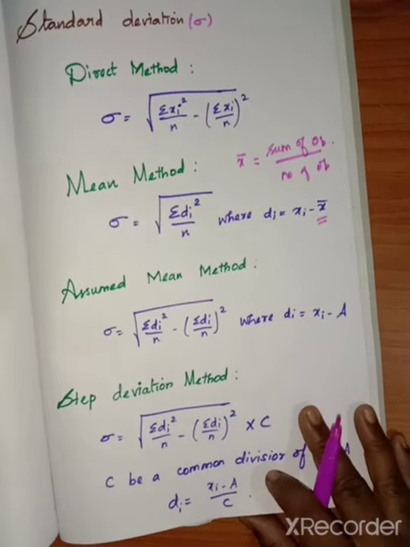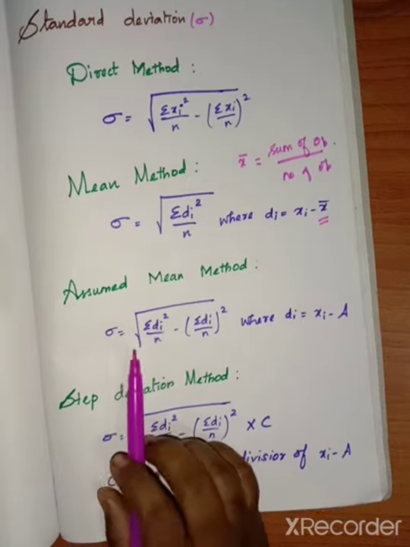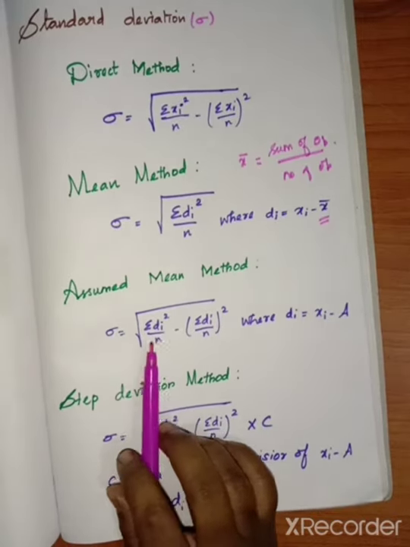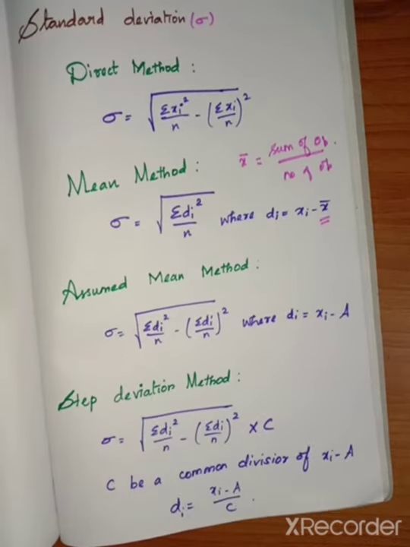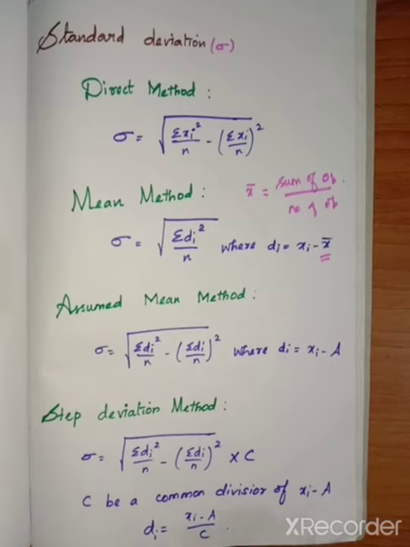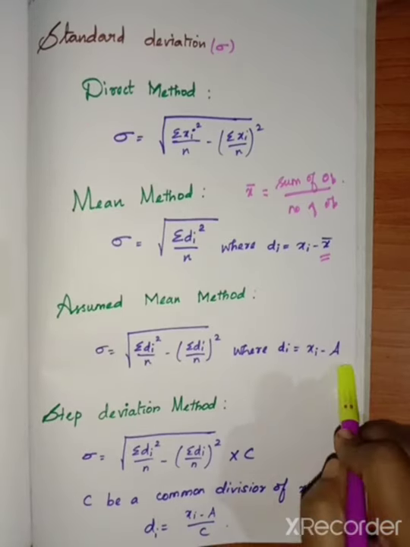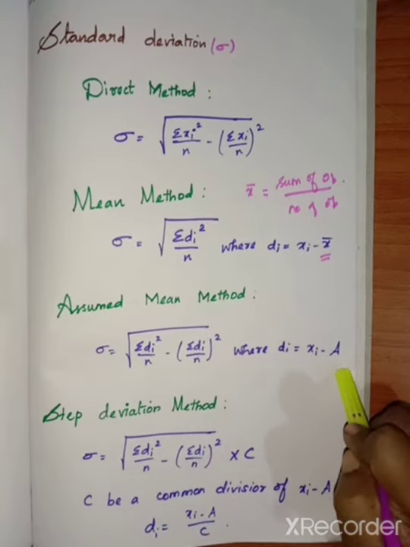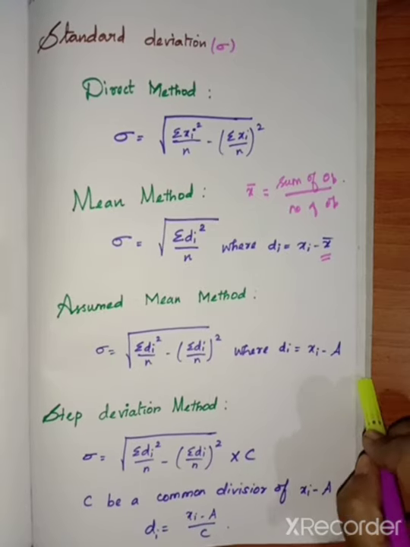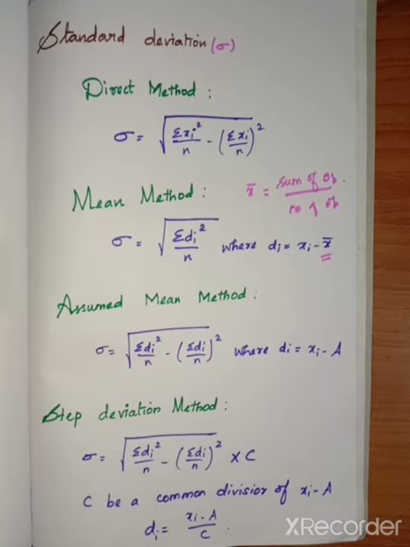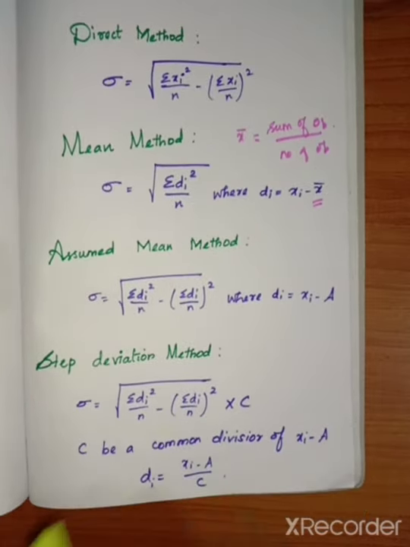Then for the assumed mean method, sigma equal to root of summation di squared by n minus summation di by n the whole squared, where di equal to xi minus a. Here a is the assumed mean, which we want to assume in the data. The next one is the step deviation method.